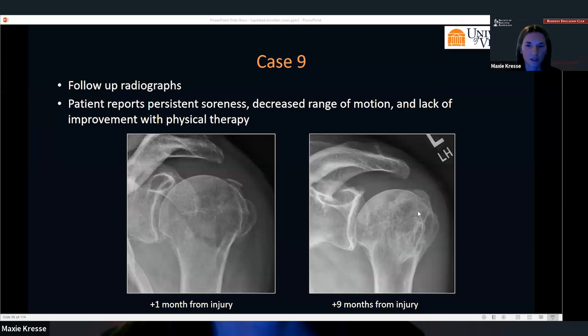About 9 months after the injury, I think the fracture is still looking pretty good, healing. Anything else that you noticed that might explain why this patient is still having pain and soreness, lack of improvement with physical therapy? Any difference you can see from the 1 to the 9 months?